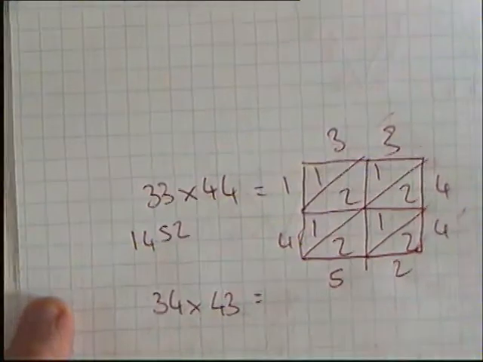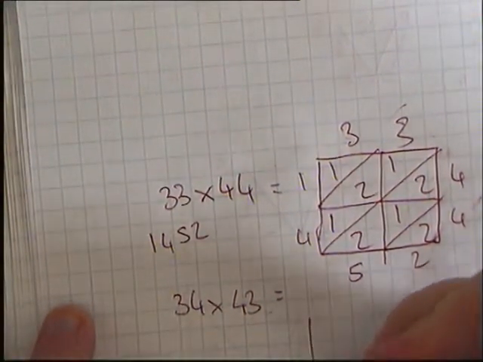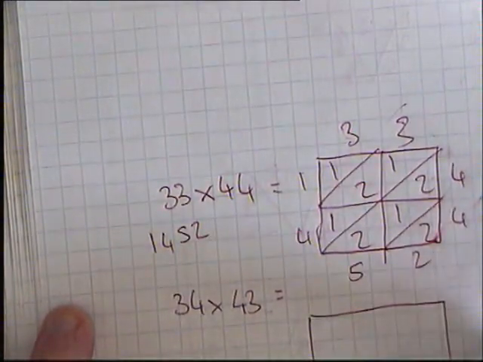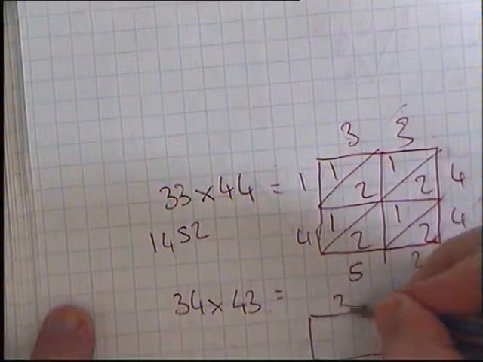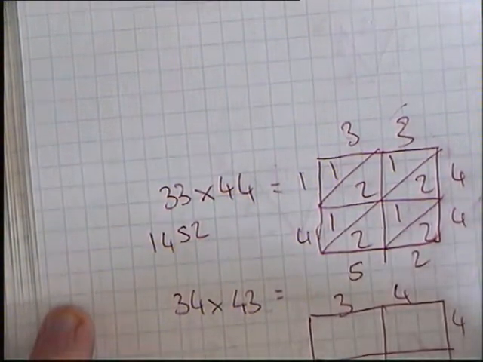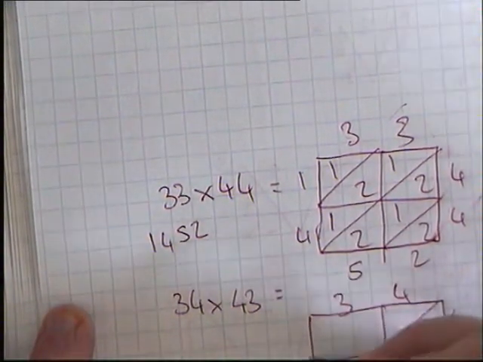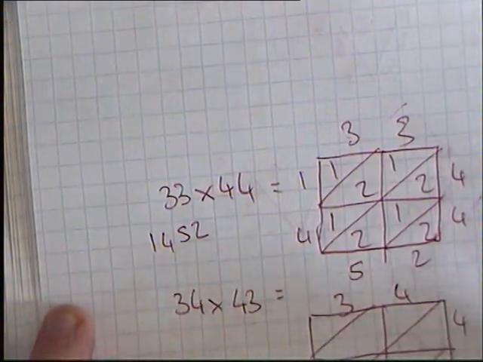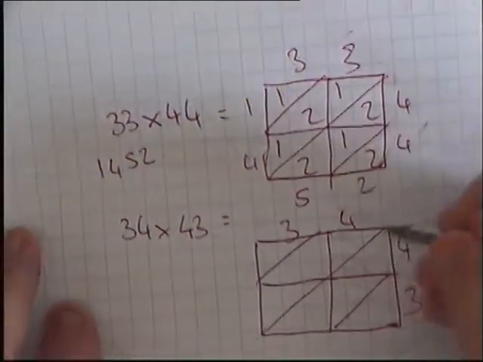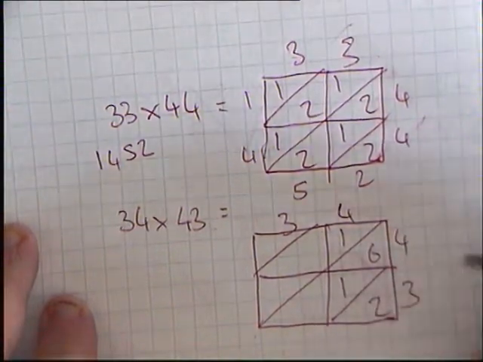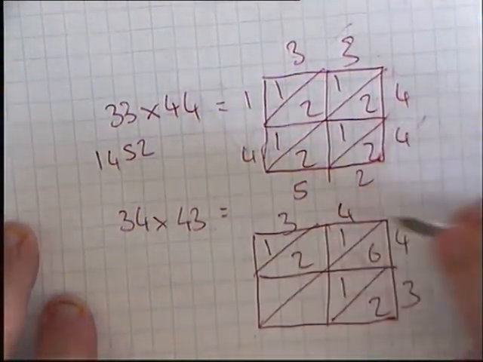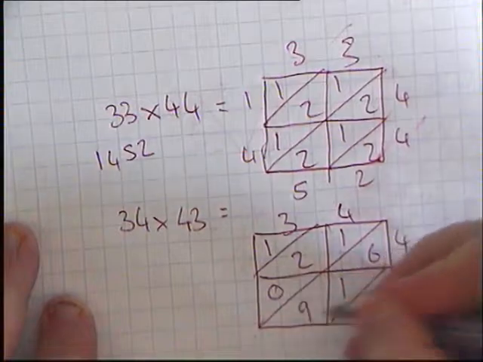Okay, nice and easy. This one, again, draw a little grid out. 3 and 4, 4 and 3. We're going to do our multipliers here. So we've got 4 times 4 is 16, 4 times 3 is 12, 3 times 4 is 12, and 3 times 3 is 9.